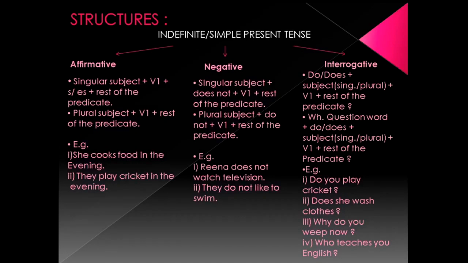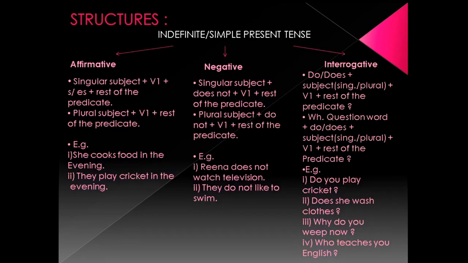Now, the second rule of forming interrogative sentence is WH question words plus do or does plus subject, singular or plural, plus first form of the verb and then the rest of the predicate, and finally you will put a question mark. Now WH question words mean the question words which begin with WH.